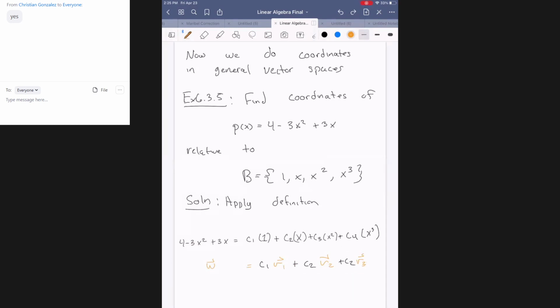So from here, what should c1, c2, c3, c4 be? You should be able to stare at it and tell me. c1 is 4. c2 is 3. c3 is -3, and c4 is 0.